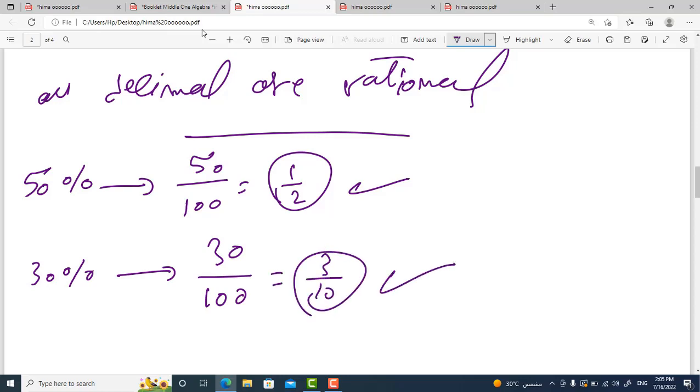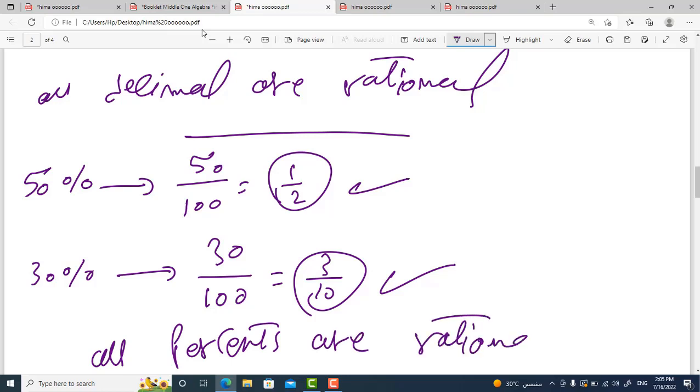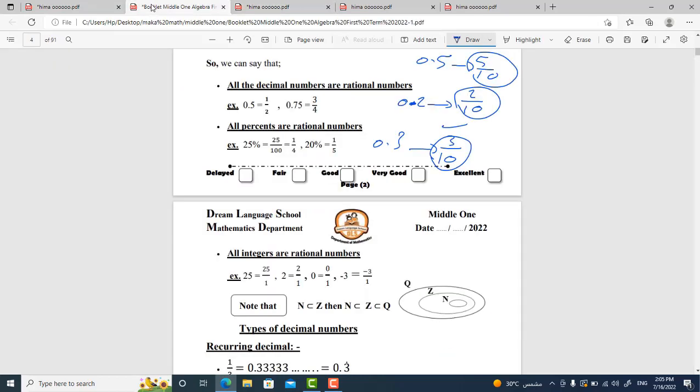A over b is a rational number. So all percents are rational numbers.